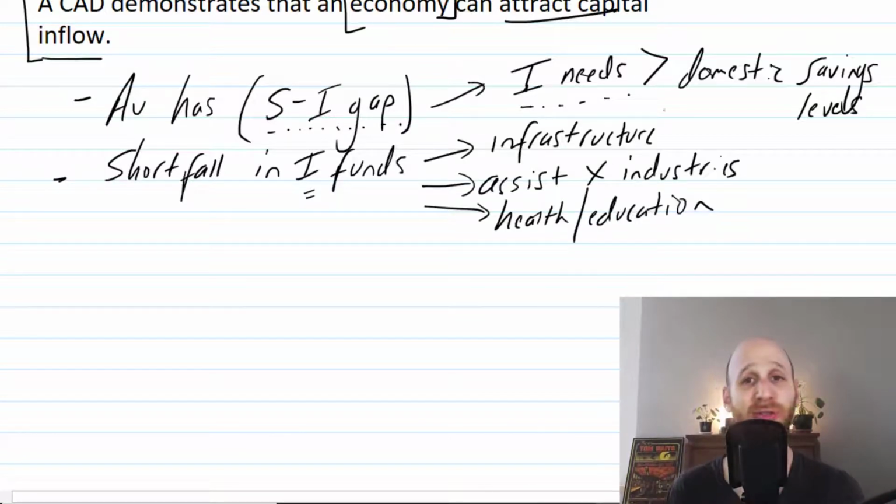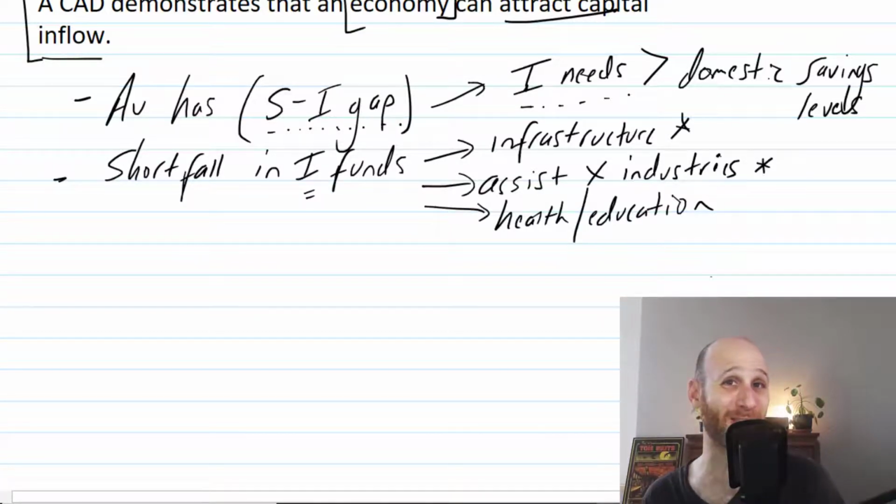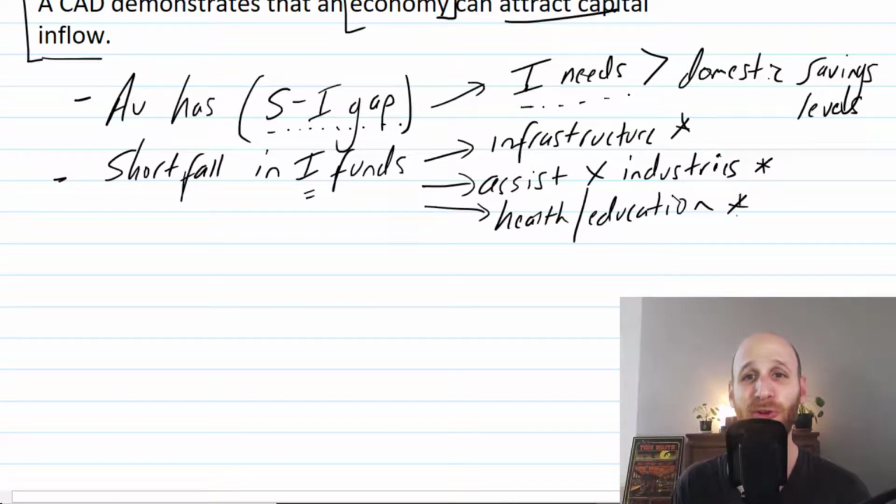This could include things like infrastructure, roads, rail, ports, assisting export industries, allowing them to sell more and to increase injections into the Australian economy. And also health and education, hospitals, schools, those sorts of important things.